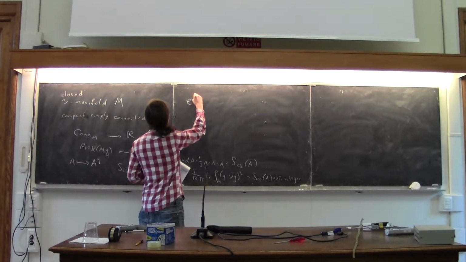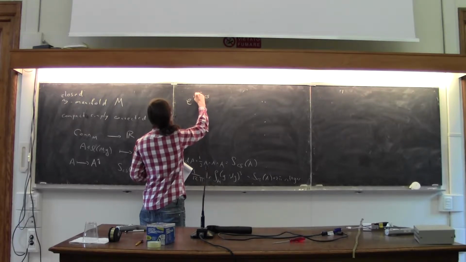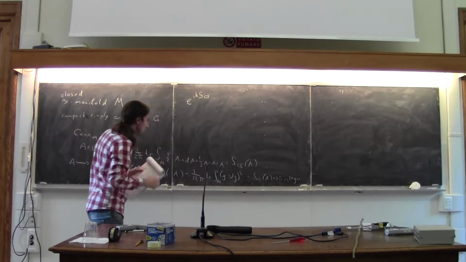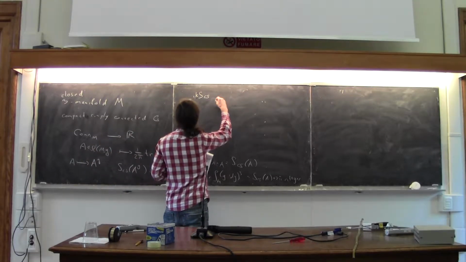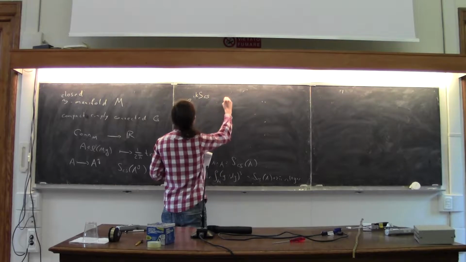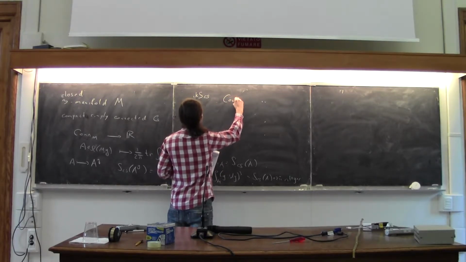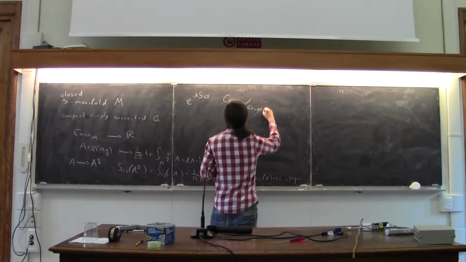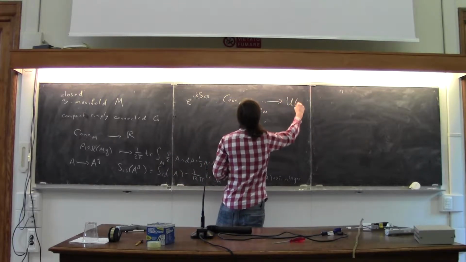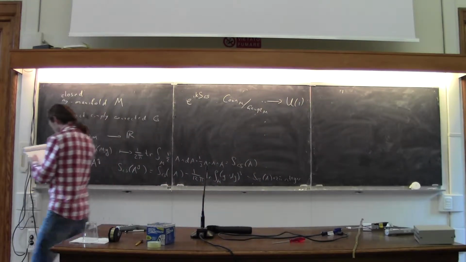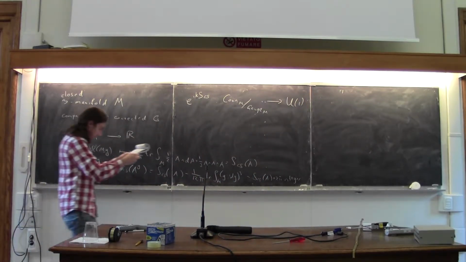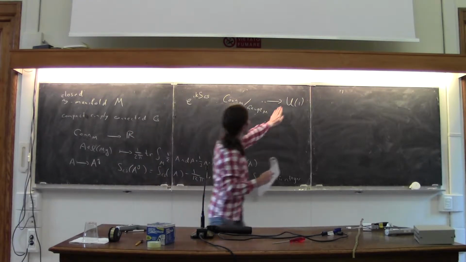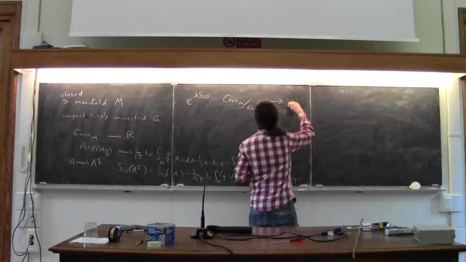So the exponential of i times Chern-Simons, where the shift is an integer multiple of 2 pi, gives you a function from connections modulo gauge transformations to the unit circle.